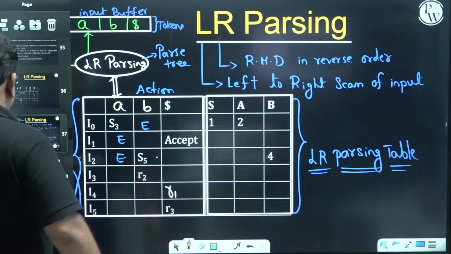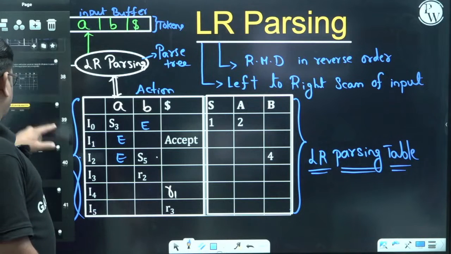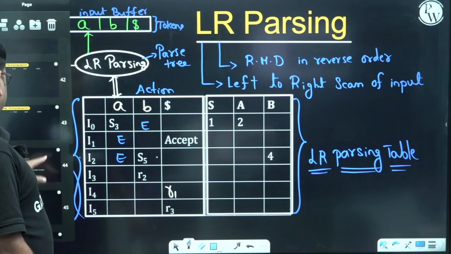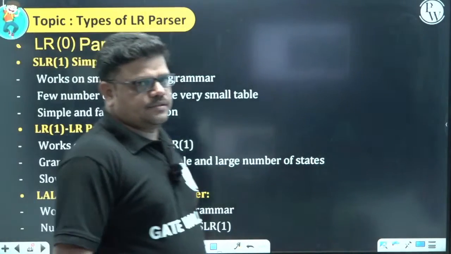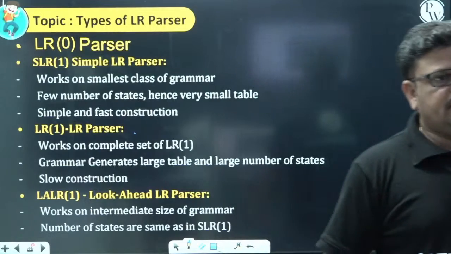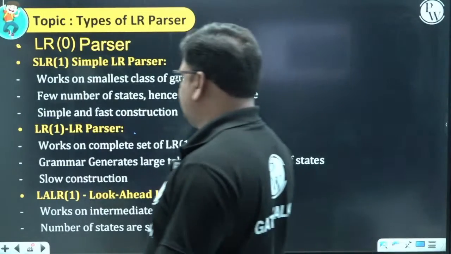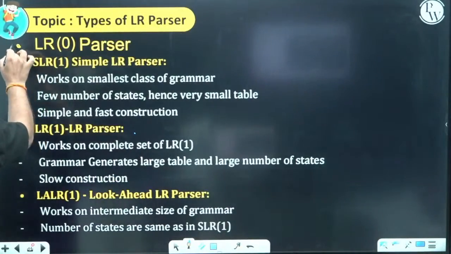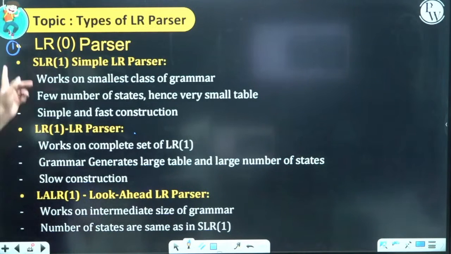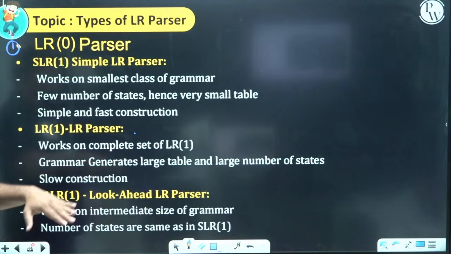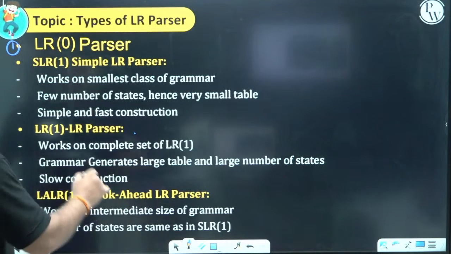In order to design tables like this, we have different techniques. The first one is LR0 parser. If you design a table by using the LR0 method, that is called as LR0 parser.